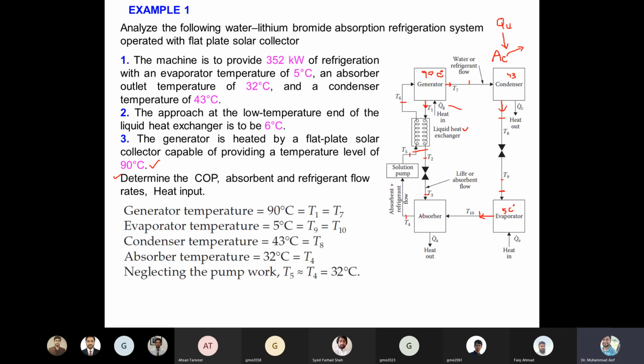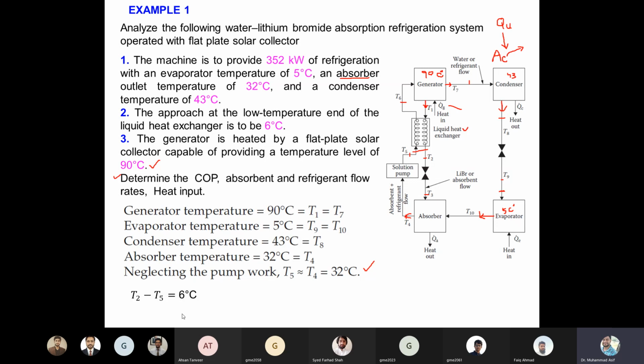It is mentioned that the absorber outlet temperature is 32 degrees C. So let's say that's given. We are also given the liquid heat exchanger low temperature approach. This is the temperature approach.